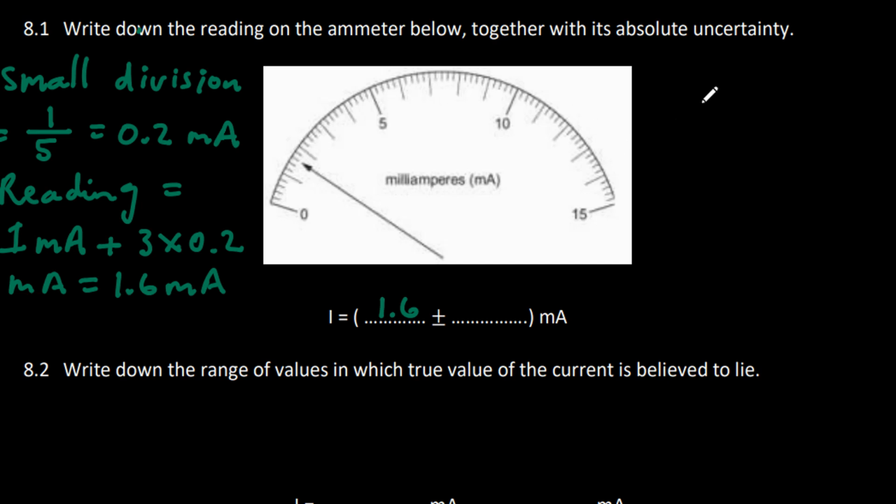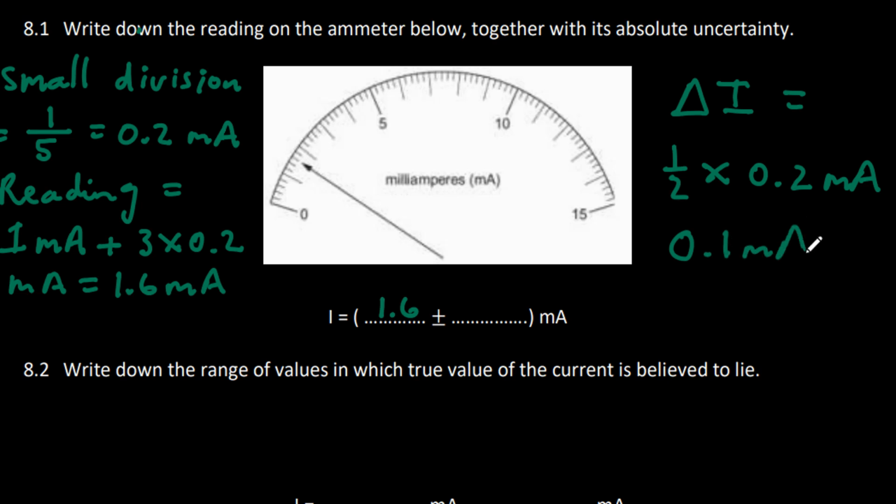We also use the symbol delta for absolute uncertainty. In this case, we're working with current, so the absolute uncertainty will be delta I. It's 1/2 times the smallest division, so 1/2 times 0.2, and of course, this is 0.1 milliamps.